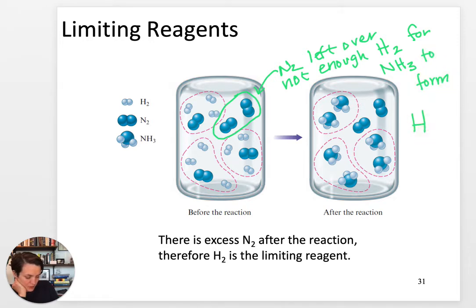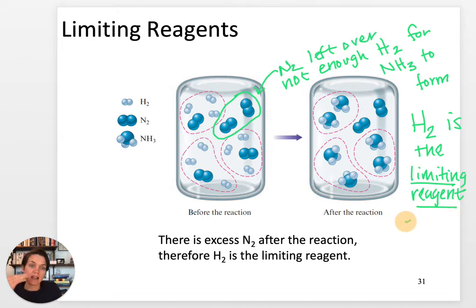Because of that, we would say that hydrogen is the limiting reagent or reactant. Why? Because hydrogen limits the amount of ammonia that we can produce, right? We still have nitrogen, but it doesn't matter. We don't have the hydrogen necessary to create our compound.